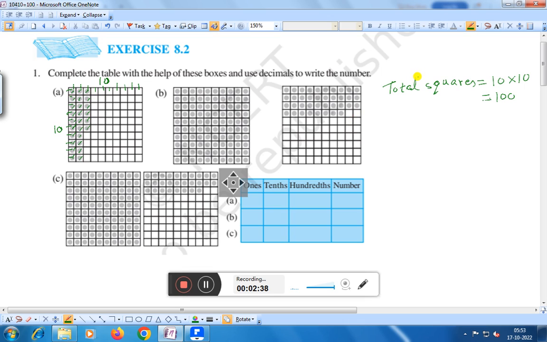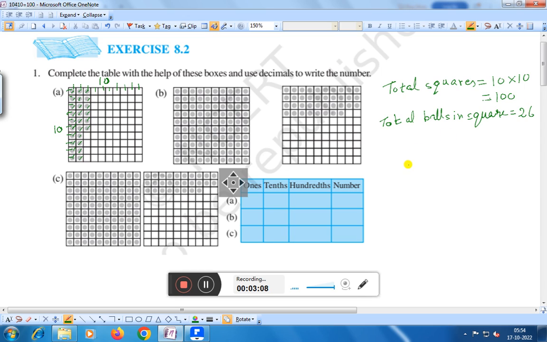Total balls in the squares is equal to 26.